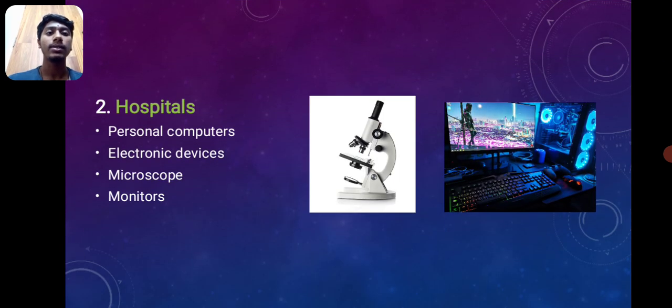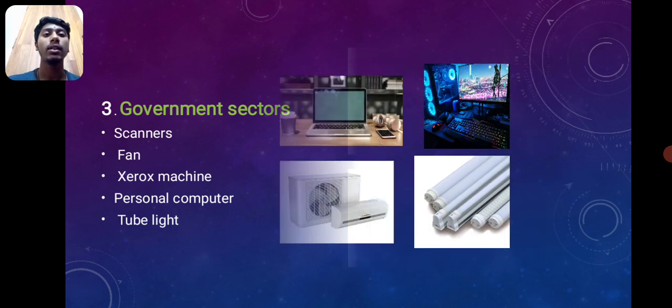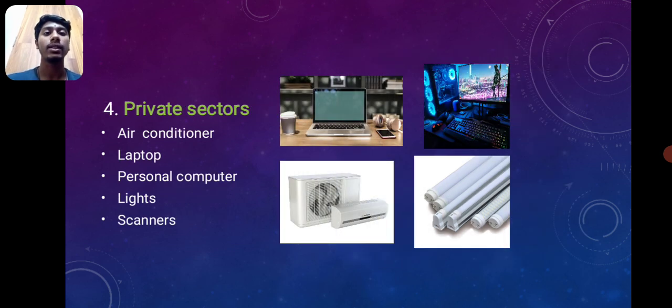In hospitals, personal computers, laptops, electronic devices, microscopes, and monitors. In government sectors, we are using fans, Xerox machines, personal computers, tube lights, and scanners. As well as in the private sector, we are using air conditioners, laptops, PCs or personal computers, lights, and scanners.